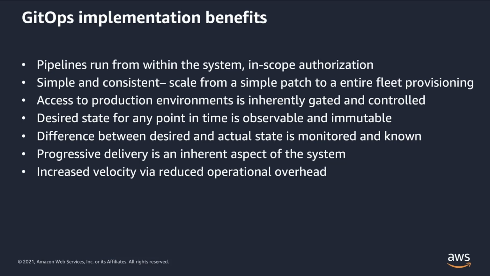That's a pretty powerful thing. Basically all of this adds up to reduced operational overhead and therefore increased velocity, right? So more time focusing on code and coding workflows and less time context switching and bouncing from here and there, trying to chase down problems.